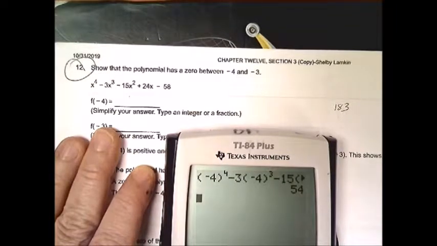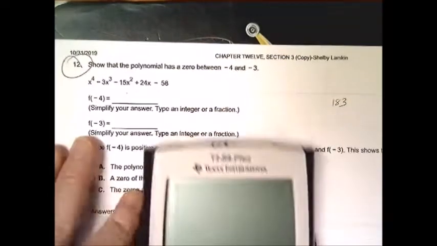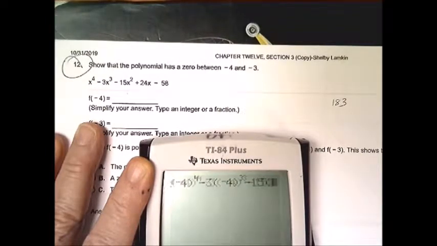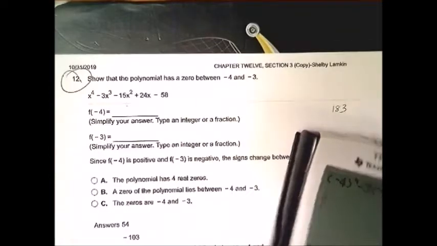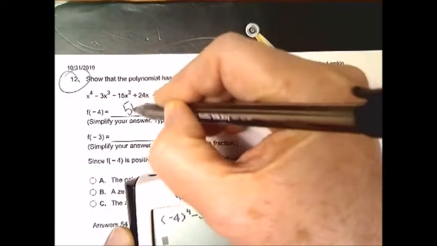Something's wrong. Should have been 183. Let me do it again. Negative 4 to the 4th, minus 3 times negative 4 to the 3rd, minus 15 times negative 4 squared, plus 24 times negative 4, minus 58. Not 54 again. Oh, it's 54. Scribbled it out a while ago and got something else.